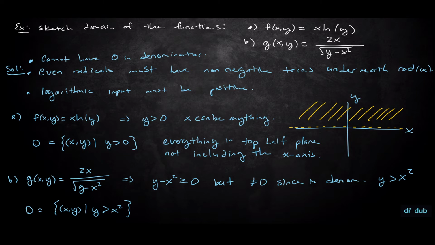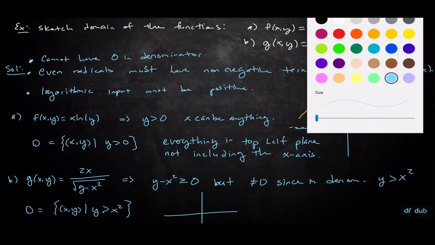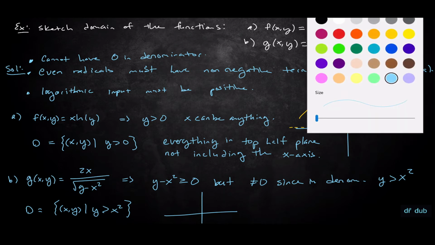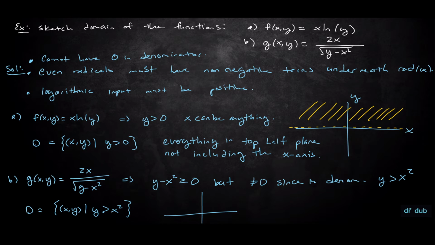And graphically, you draw the parabola y equals x squared and then pick all the y values larger than y equals x squared. So I'll do a dotted line here for y equals x squared. And then everything above that, so all the y values above that, are included in the domain for this function.